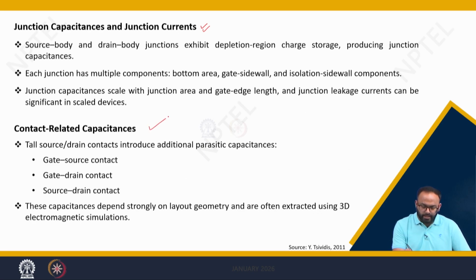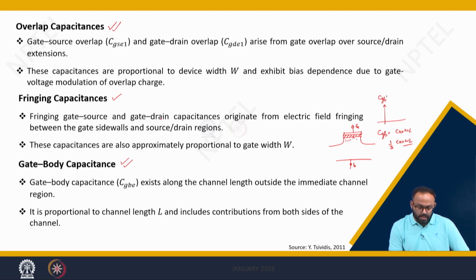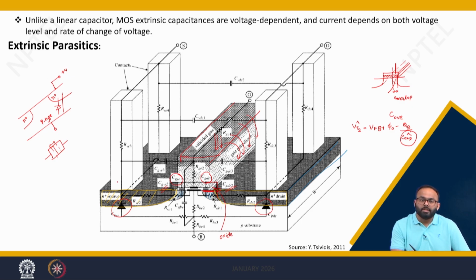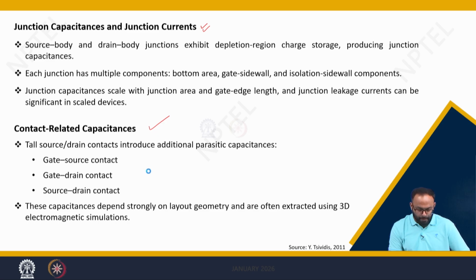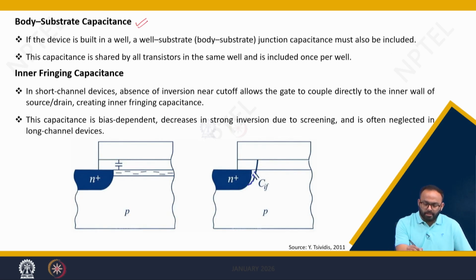Next is contact related capacitors. What happens is when you make contacts to source, to gate and to drain, then there will be a capacitor between contacts. Like these are the contact capacitors, right? They form between drain and source. There are also capacitors which form between gate and drain, gate and source, right? In addition to this, we have body substrate capacitance.